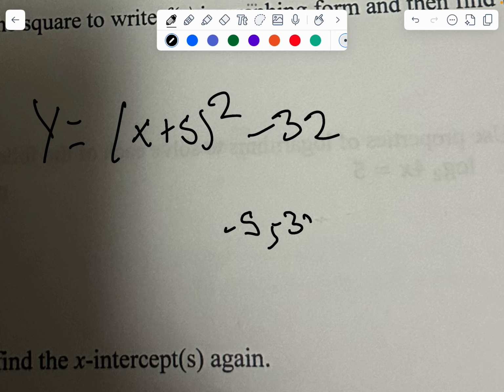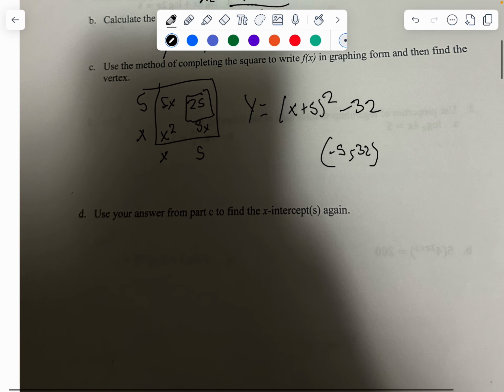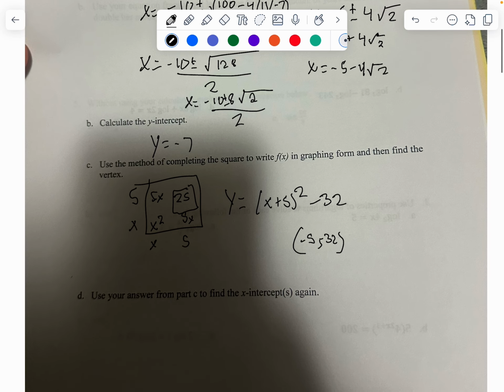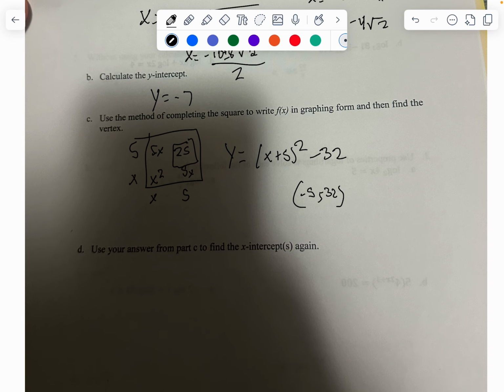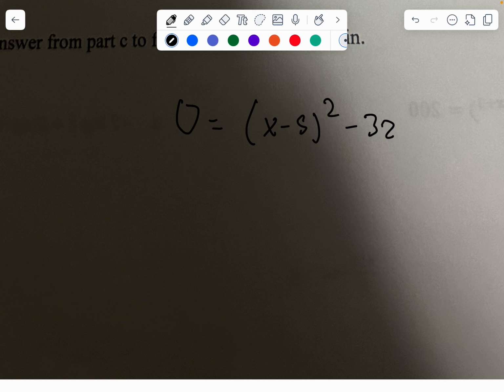Use your answer from part C to find the x-intercepts again. So we'll go 0 equals x plus 5 squared minus 32. Now solve for x.